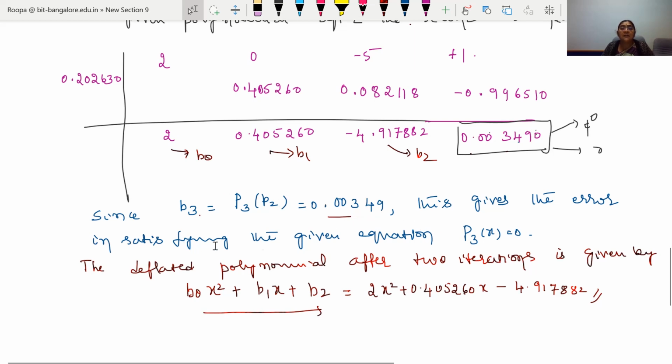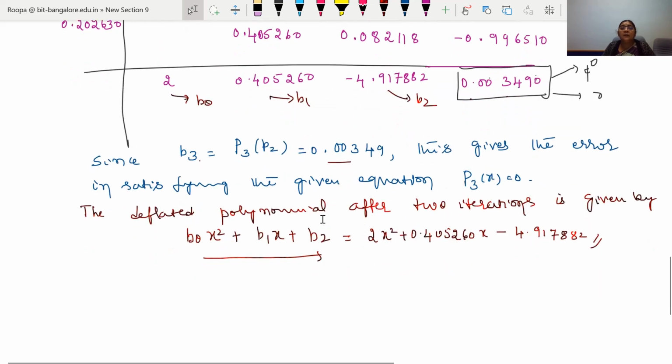Therefore, this gives the error in satisfying the given equation. If you substitute this value in P3 of x, the given polynomial 2x cubed minus 5x plus 1, definitely we get the error, how much error, 0.00349. This gives the error in satisfying the given equation.